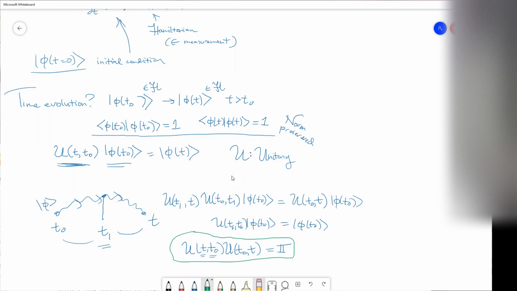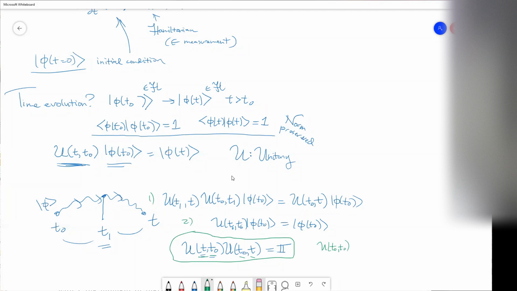It's a combination of these two things that lets you conclude this. It's a very logical thing. You say, I'm evolving from t naught to t, and then I'm going to do a backwards evolution from t to t naught. And that's as if I didn't do anything, as if I just evolved from time t naught to time t naught. And I should hope that doesn't do anything to your state.